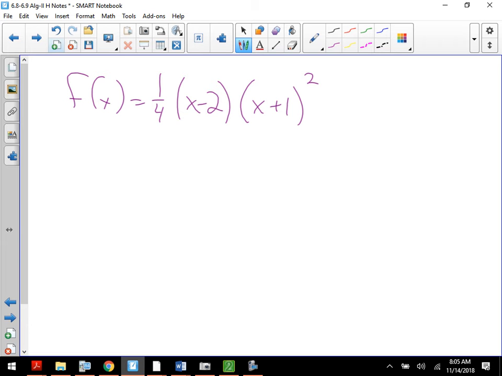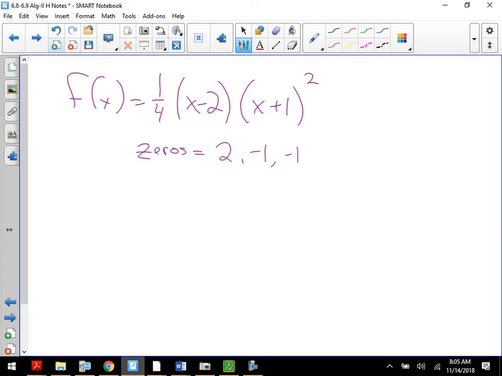Okay, you remember that? That means -1 has multiplicity. So your zeros are at 2, -1, and -1. That just means because there's 2 of them. What happens then at the graph at -1? It changes direction. Very good.